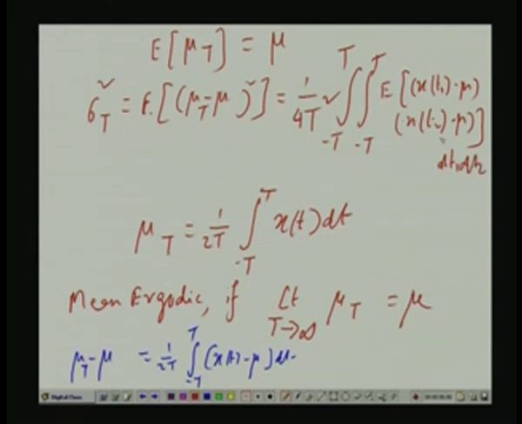Now, this clearly gives you the covariance of the process x when measured between the two time indices t 1 and t 2, and is not necessarily a function of the lag t 2 minus t 1 or t 1 minus t 2, because I am not assuming the process to be stationary in covariance or correlation yet. Okay.